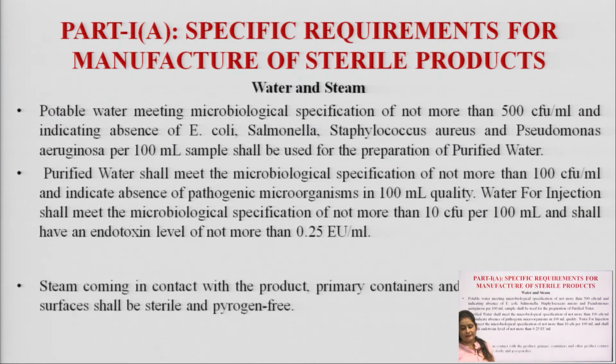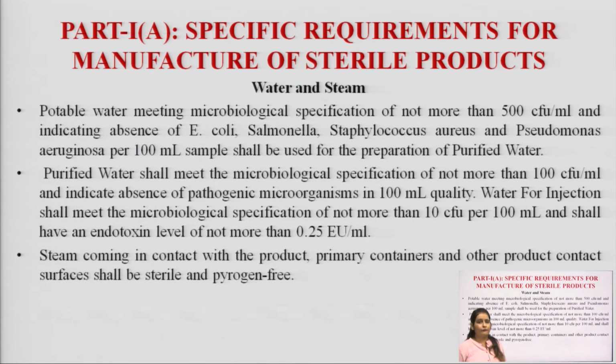Water and steam: as we all know, the water used in pharmaceutical industries should be potable or purified. If we are talking about sterile products, we must take care of the water and steam we are using.